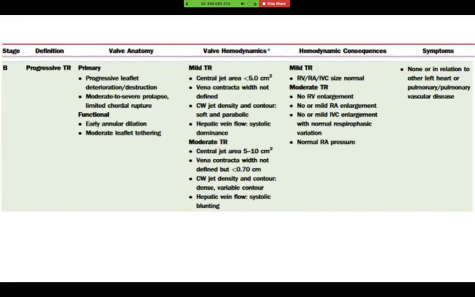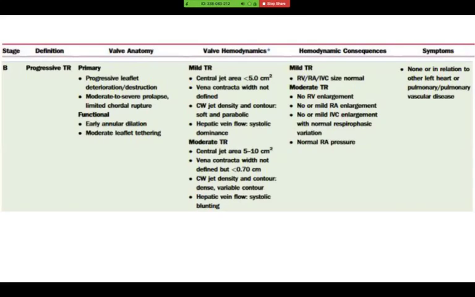If you see these patients through TE, we can divide them as mild or moderate TR. For mild, the measurements would be central jet area, vena contracta, continuous wave Doppler, as well as hepatic vein flow.